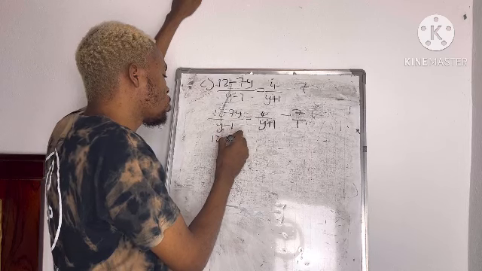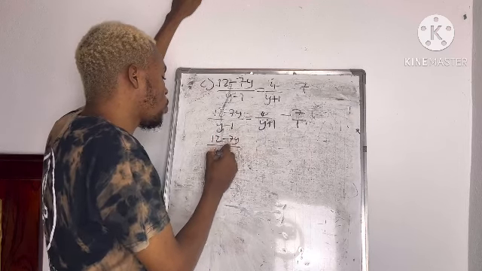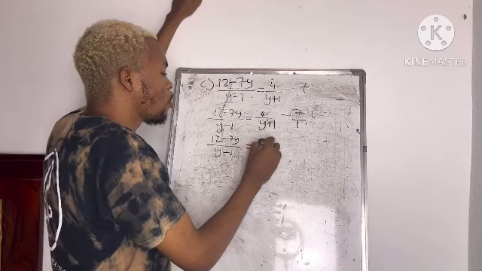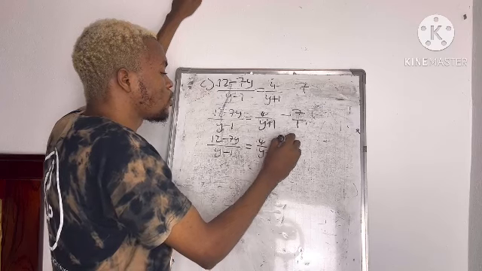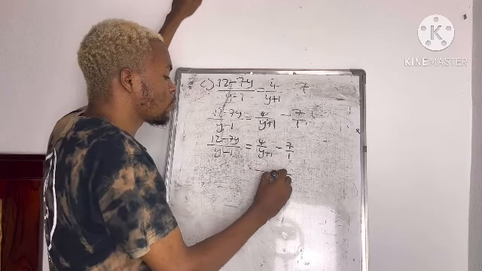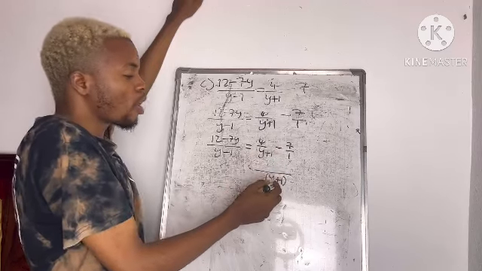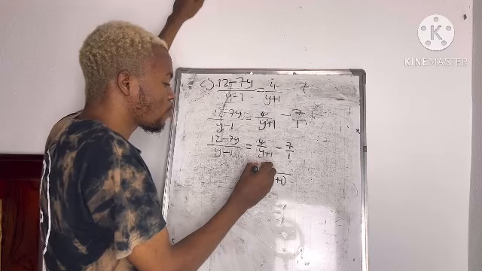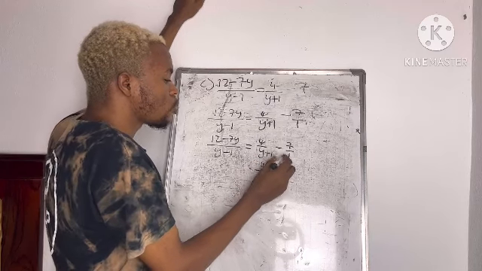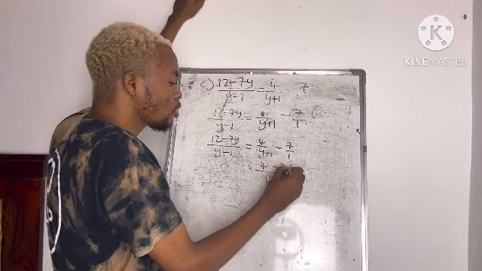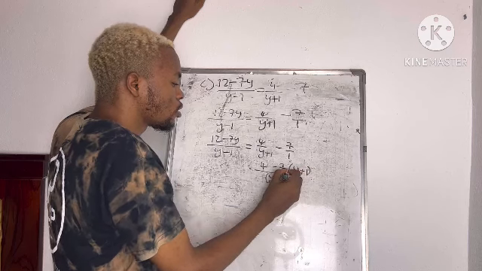Next, we have (12 − 7y) divided by (y − 1) equal to 4 on (y + 1) minus 7 on 1. The LCM here is y + 1. So y + 1 times 1, you have y + 1. y + 1 divided by y + 1, you have 1 times 4, you have 4. Minus y + 1 divided by 1, you have y + 1 times 7. You have 7 into (y + 1).